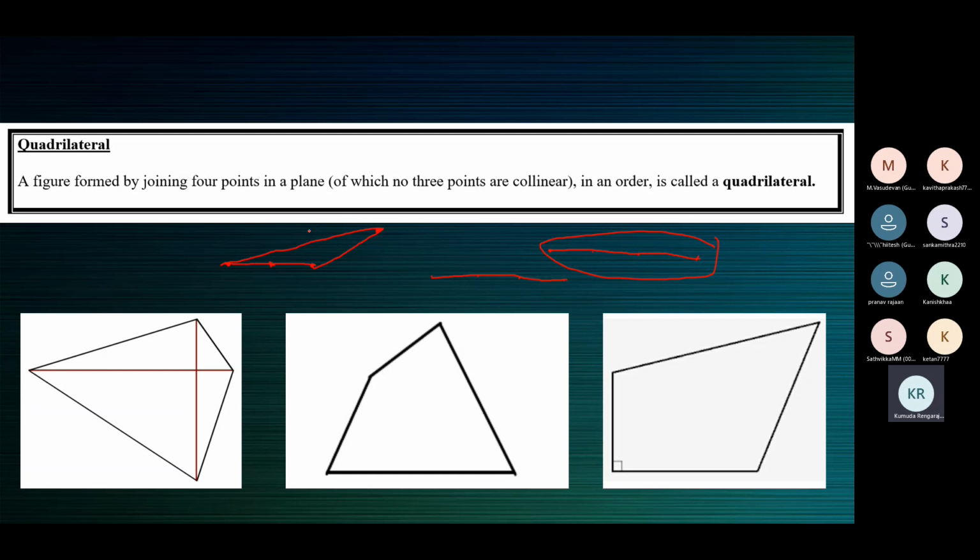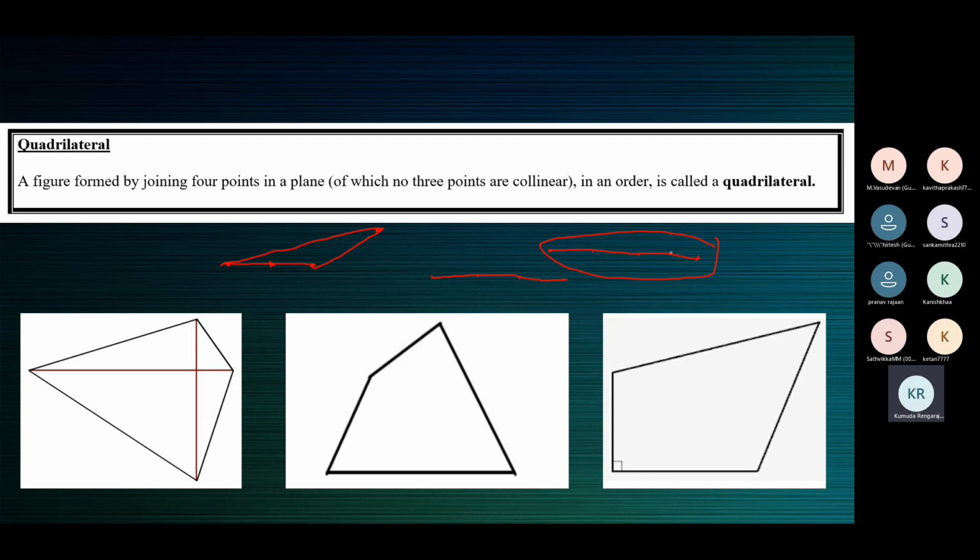As I was telling you, to define a triangle, 3 points are sufficient. But where 3 out of 4 points are collinear, when you join them, you can see that a triangle is formed, not a quadrilateral.